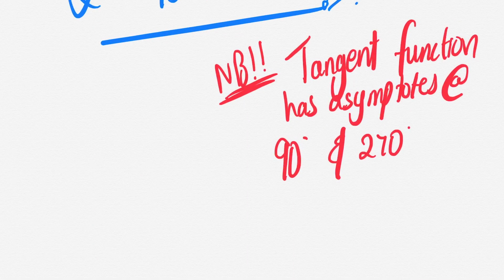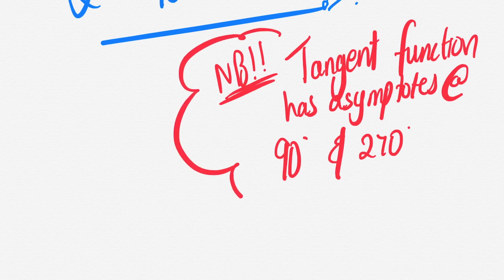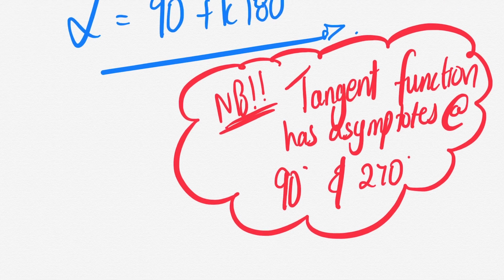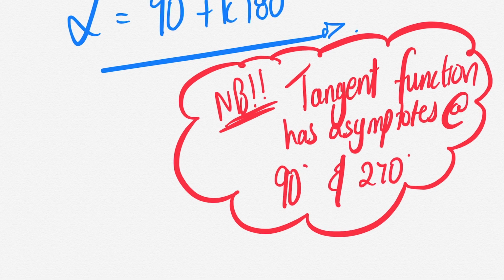So the tangent function has asymptotes at 90 degrees and at 270 degrees. Okay, so at the value of k equal to 1, you'd have 90 plus 180, which gives you 270. And there we have it, right below in the red.